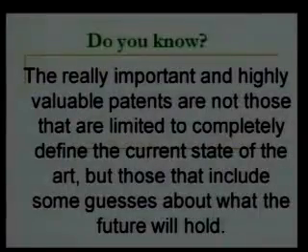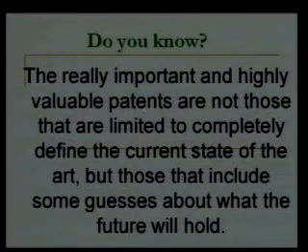I'll try to analyze some of the contents of how the words are chosen and what is the meaning of those words. Do you know, really important and highly valuable patents are not those that are limited completely to defining the current state of the invention. They are telling the current state, but also put some wild guesses so that they can ward off the competitor. Wild guesses are within the scope of your invention, even some guesswork, because you don't have the resources.